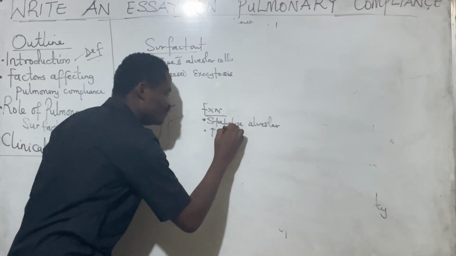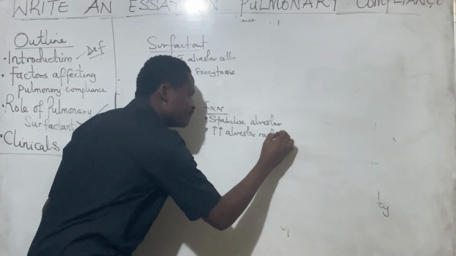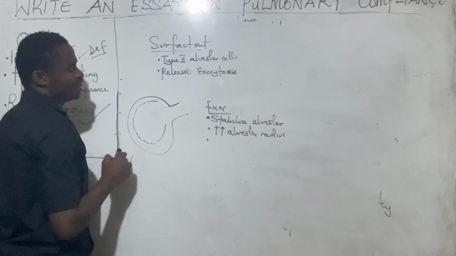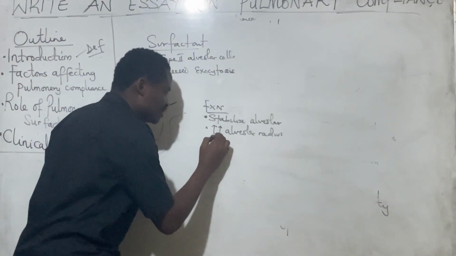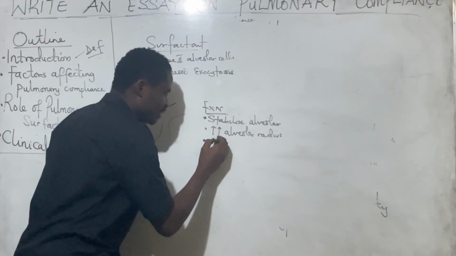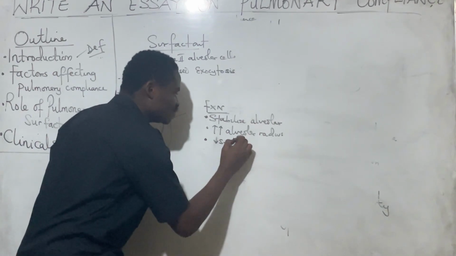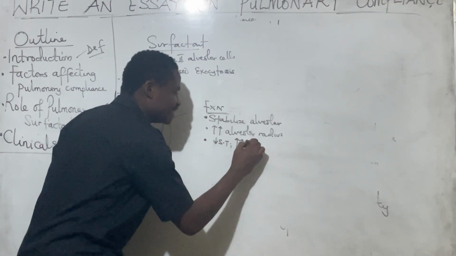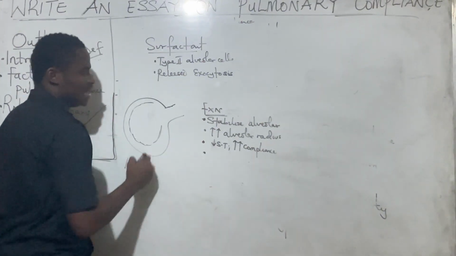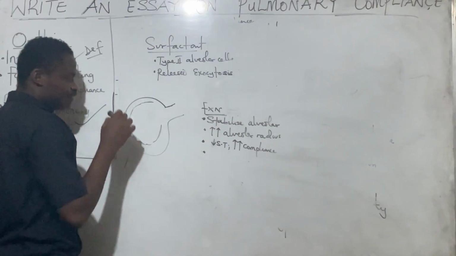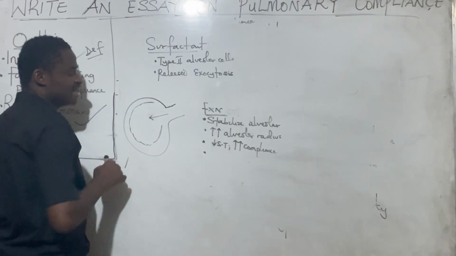Number three, surfactant plays a function in surface tension. It reduces surface tension, and this increases compliance.